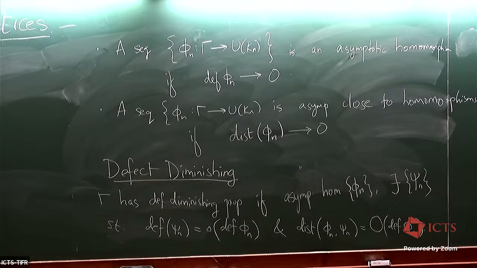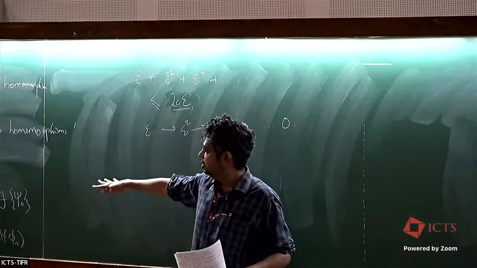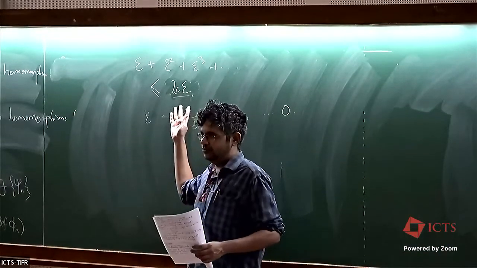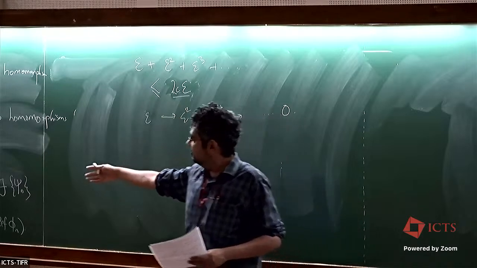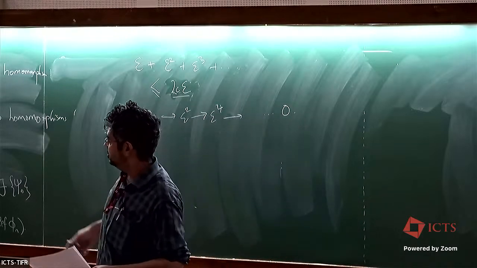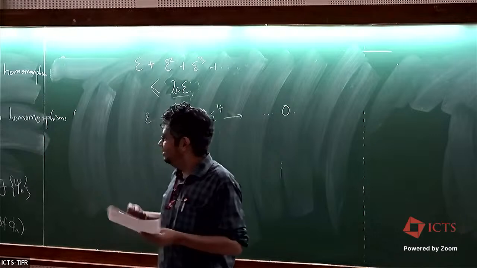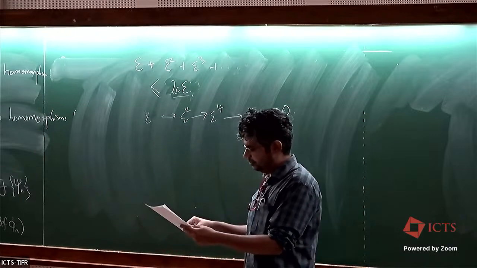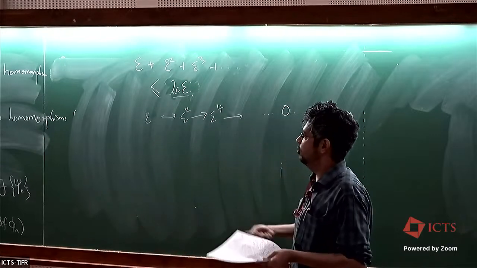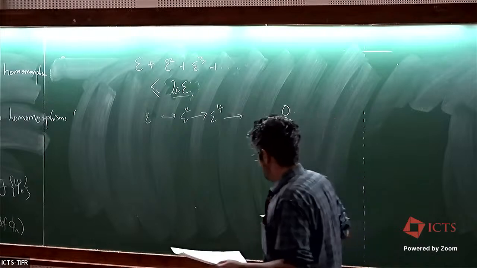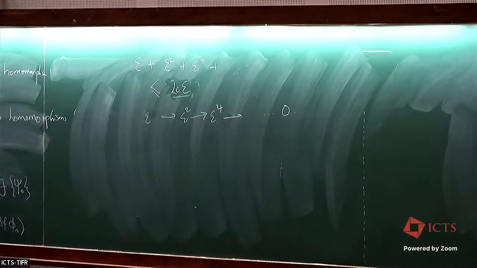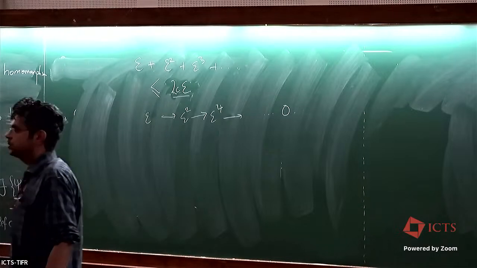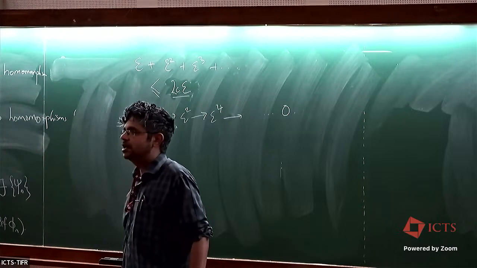So the idea is that we have the slightly weaker notion, which is still good enough. So why do we define this weaker notion? Because this is something we can actually try to implement cohomologically.